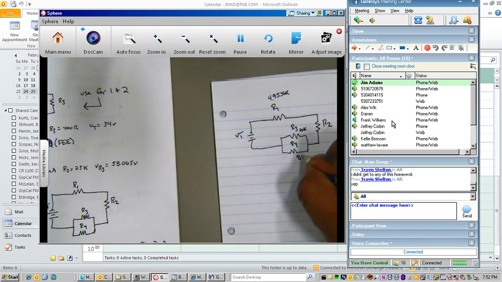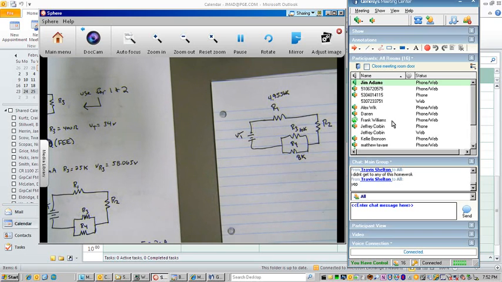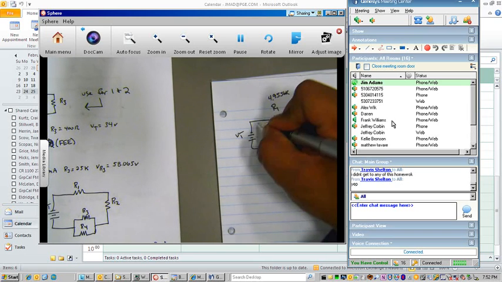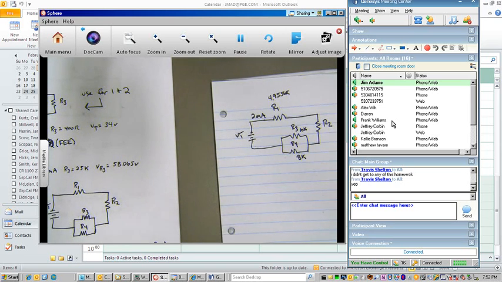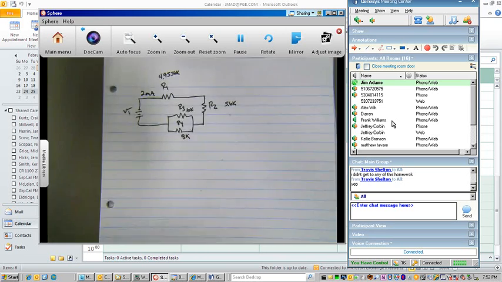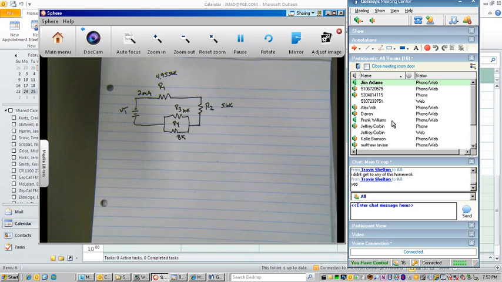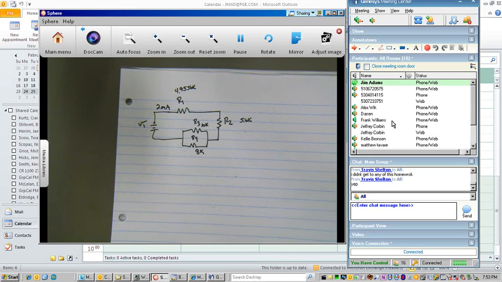Okay, we got VT, R1, R2, R3, and R4. Alright, so we know R1 is 4.9556K. R2 is 5.6K.